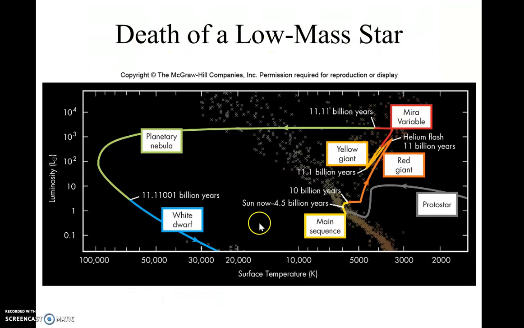So this is the red giant stage, then the planetary nebula, and then eventually, after all the planetary nebula has dispersed and gone out into space, what remains settles down into this dead star called a white dwarf. So that's for low mass stars, right?